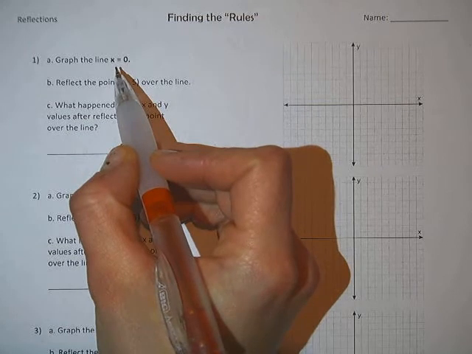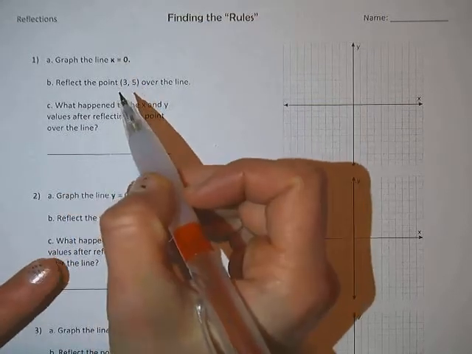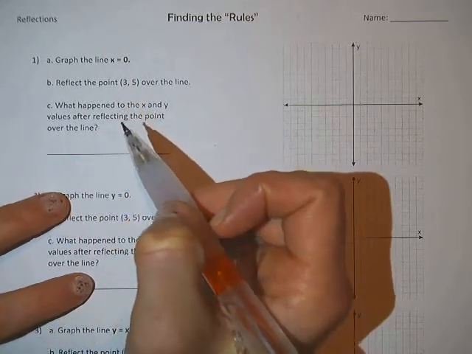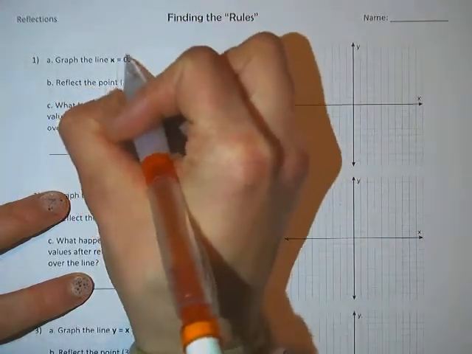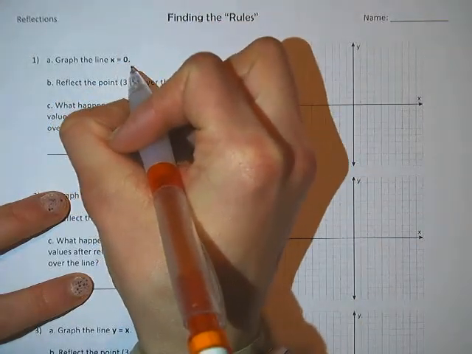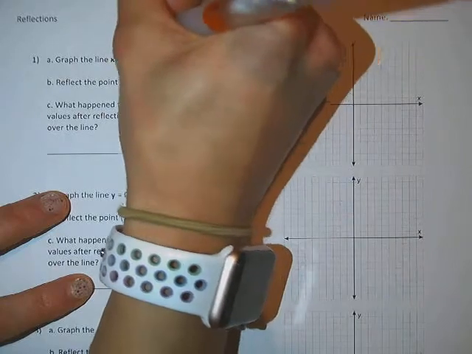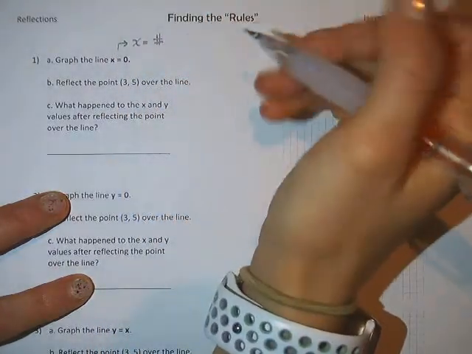The first step is to graph this line. If you remember how to graph it from Math 1, it'll be easy, but if not, there are some little things you can remember. To graph a line like x equals 0, anytime it's x equals some number, this type of line will be a vertical line.